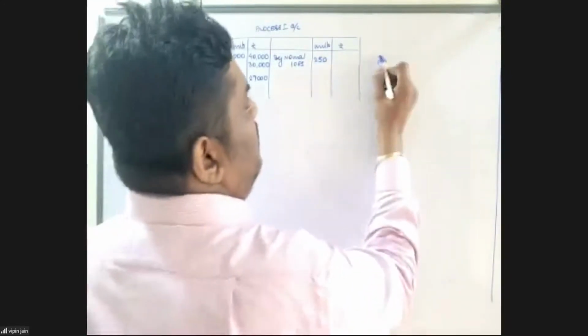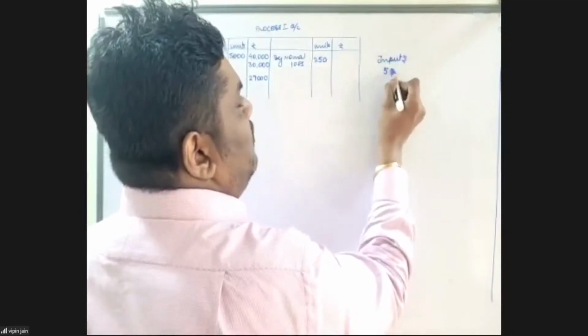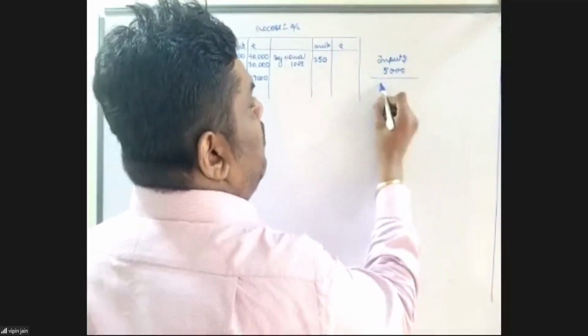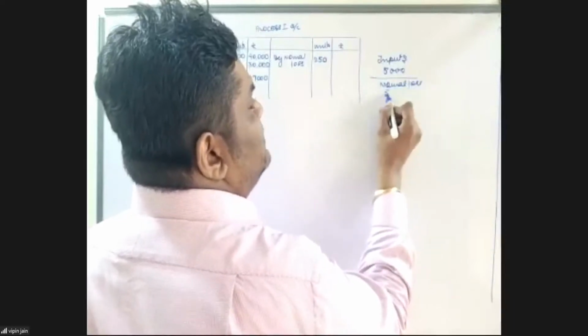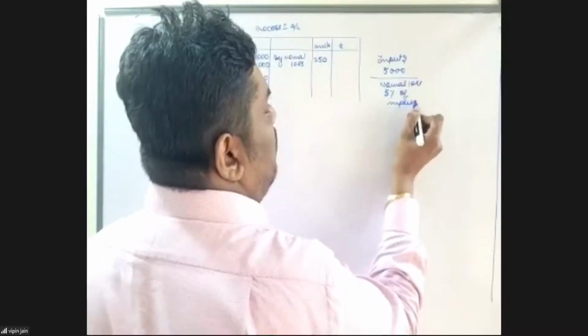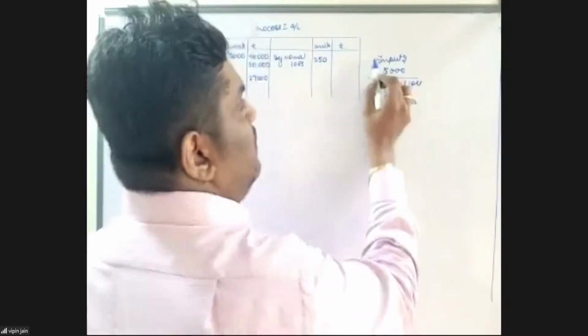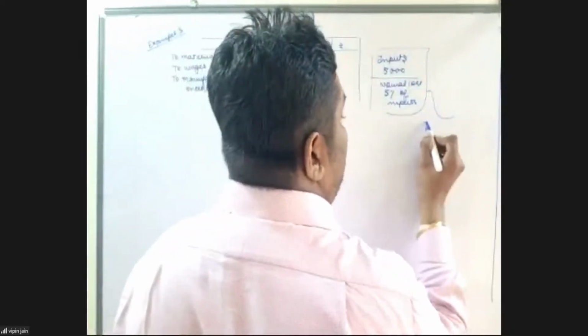Now herein, my inputs are 5,000 and my normal loss is 5% of inputs. So my expected output is how much?